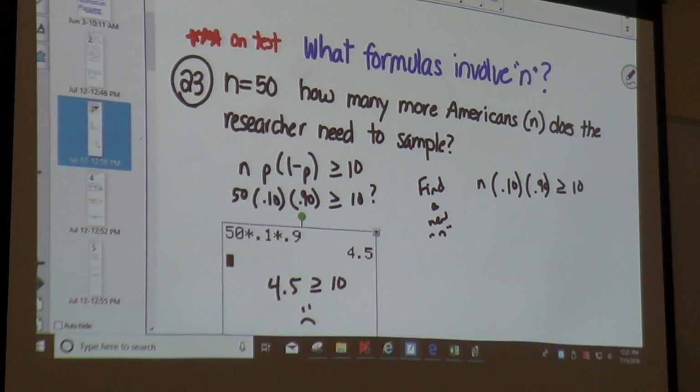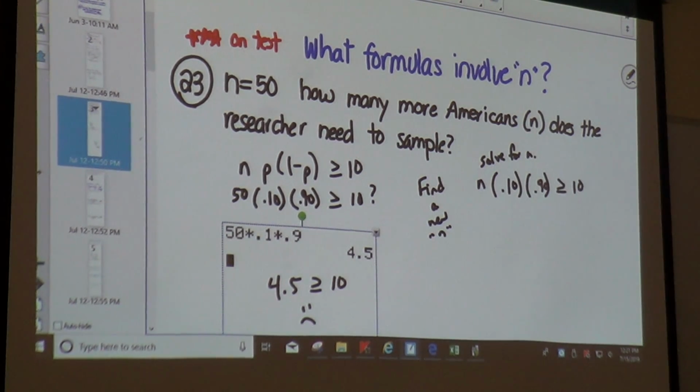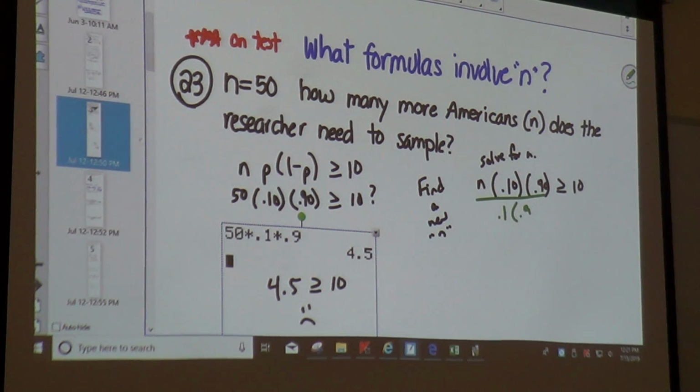So what are we going to do to solve for n? What do I need to do to get n by itself? Divide by what? I can divide by 0.1 and 0.9.